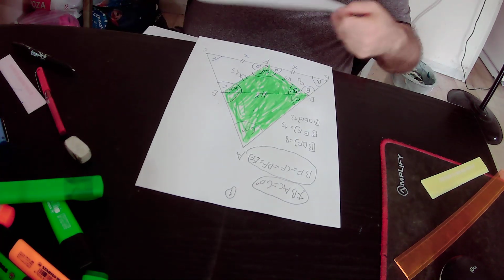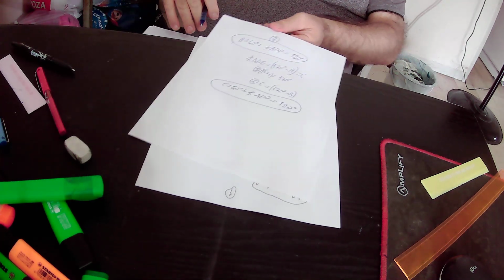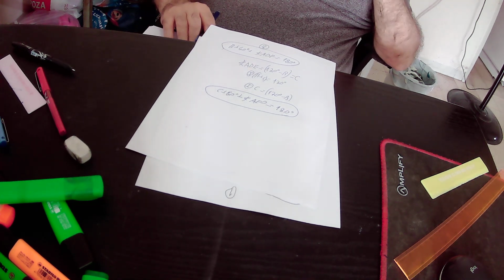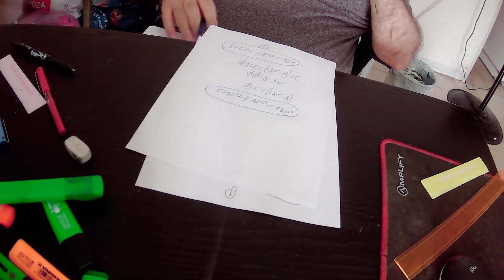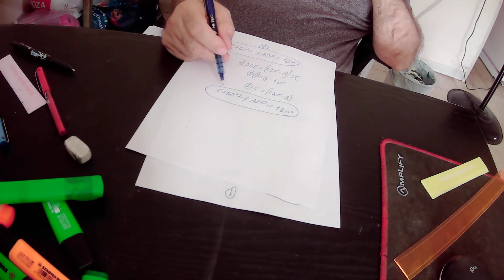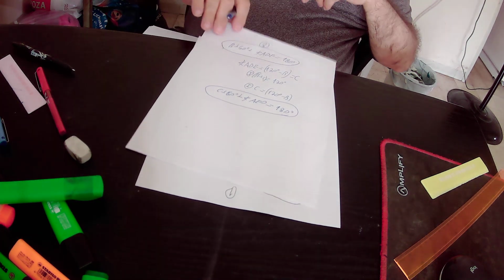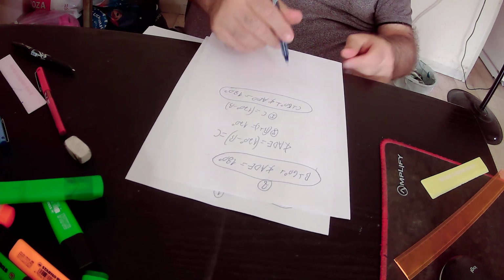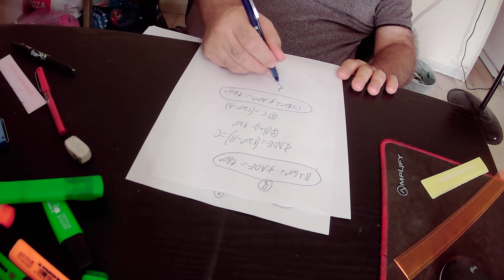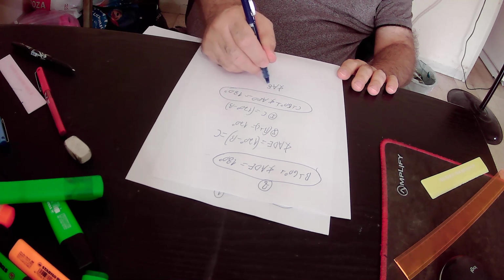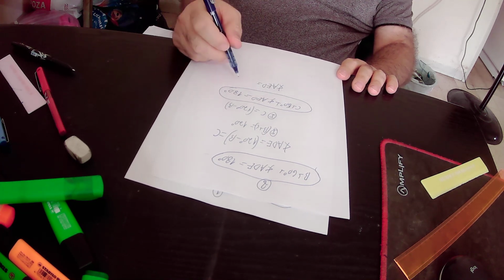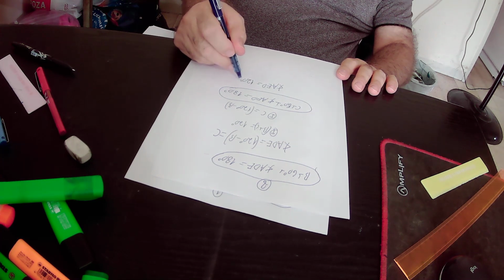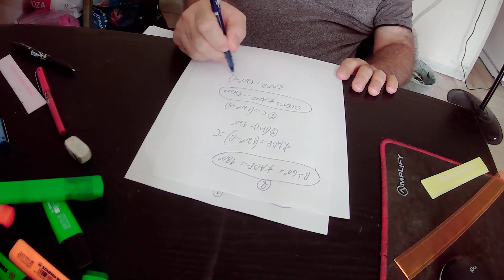So we got this equality: C plus 60 degrees plus angle AED equals 180 degrees. So we will subtract 60 degrees and C from this equality and we will get that angle AED equals 180 degrees minus 60 degrees, which is 120 degrees minus C.